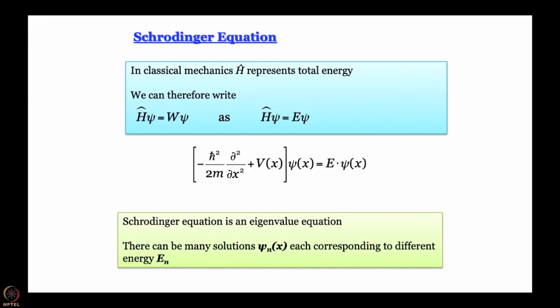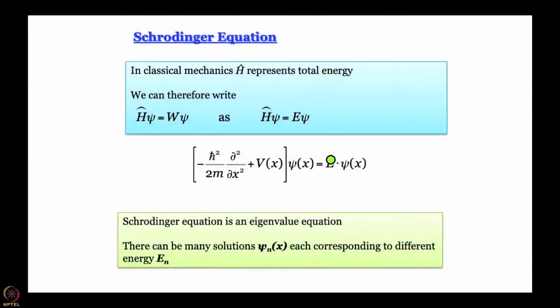So, what we see here is that the total energy operator, the Hamiltonian, operates on the space dependent wave function psi of x to give us an eigenvalue equation, H psi equals E psi. First of all, the space dependent, time independent wave function is an eigenfunction of the Hamiltonian operator.